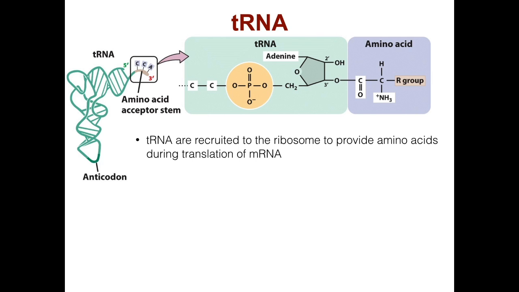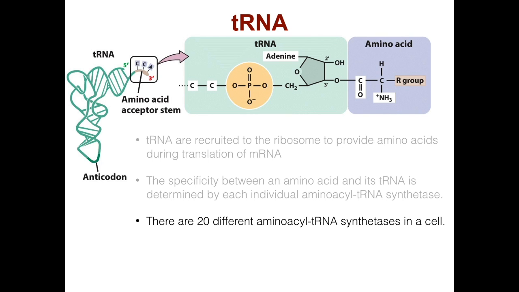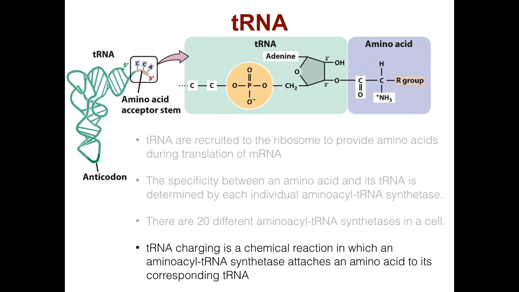So tRNAs are recruited to the ribosome to provide amino acids during translation of mRNA. The specificity between an amino acid and its tRNA is determined by each individual amino acid tRNA synthetase. There are 20 different amino acid tRNA synthetases in a cell. tRNA charging is a chemical reaction in which an amino acid tRNA synthetase attaches an amino acid to its corresponding tRNA.